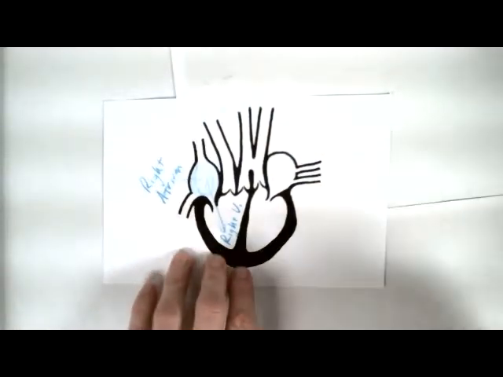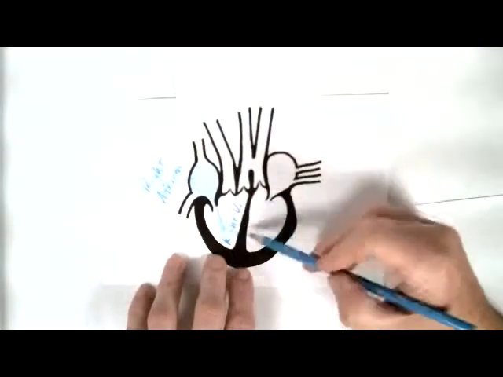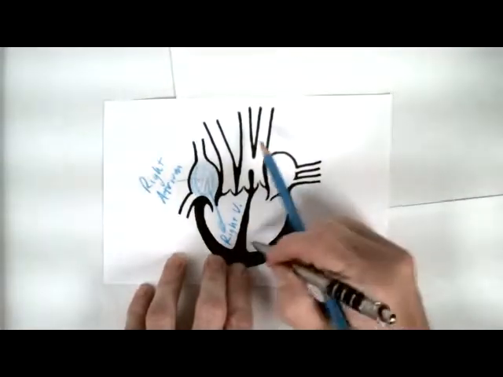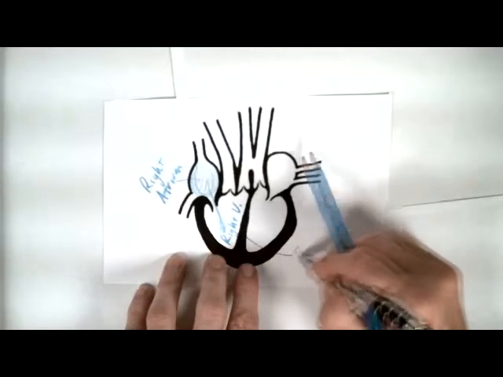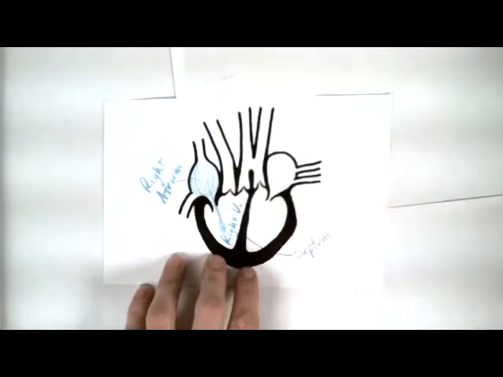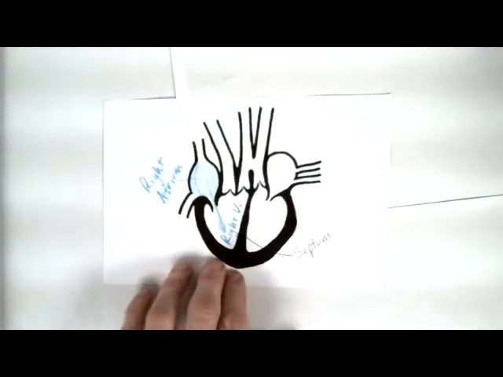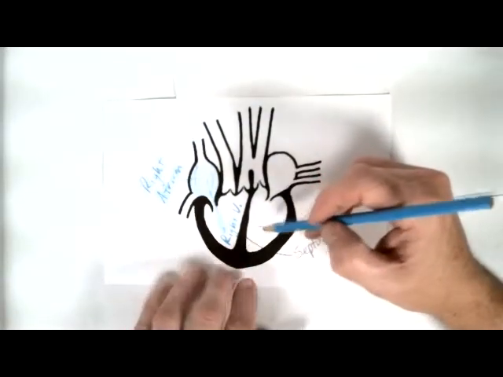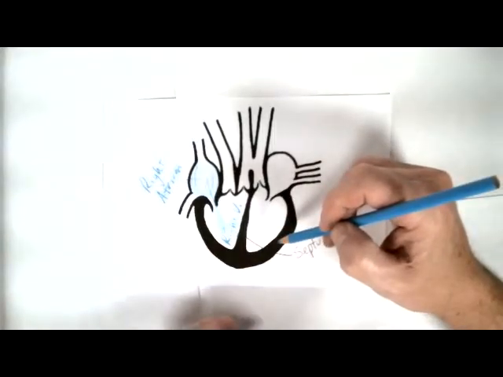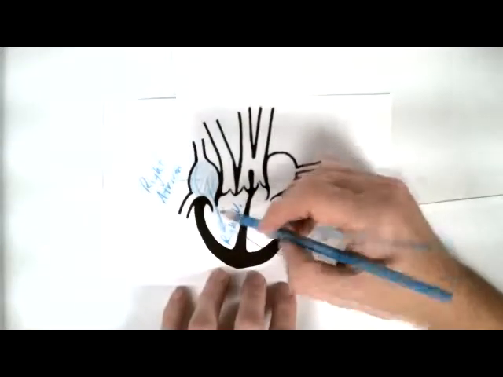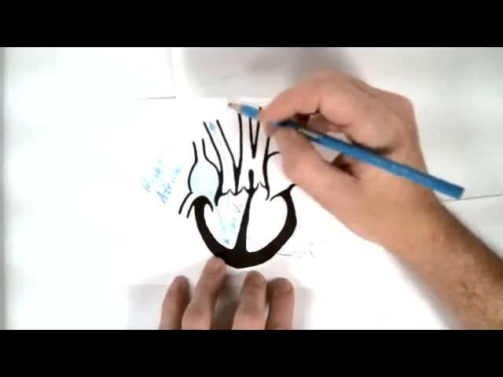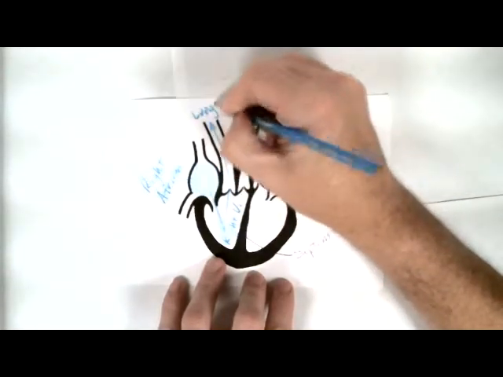And that blood again is deoxygenated. And I want you to notice right here, this septum completely separates out a right and left ventricle. Now we have a divided ventricle. Now, blood comes out of the right ventricle and goes out the pulmonary artery out to the lungs.